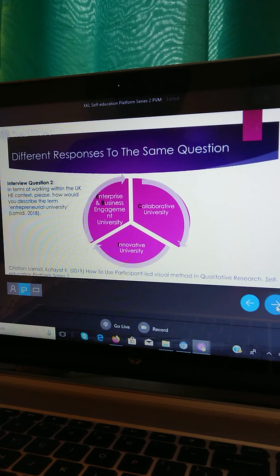So this example, just 3 I've given you today. There are more. Some universities believe that an entrepreneurial university is one that is enterprising, that is business engaged. Other people consider it to be a collaborative university, the one that is open to work with other organizations out there, and other universities believe it is what you consider to be innovative.